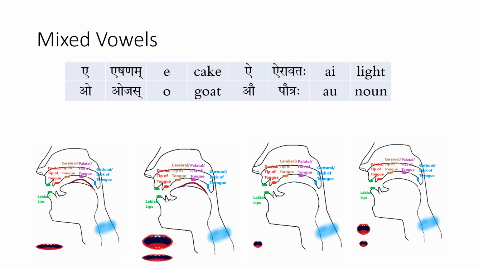Just like A or U, the tongue retains the natural relaxed position, and the lips are making a small circle. So O. The Sanskrit word example here is ojas, and something like the English sound goat, the O sound after g. Goat.